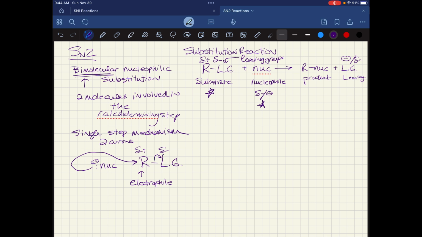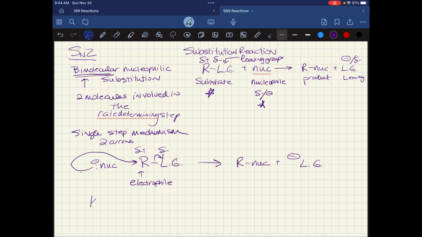And the leaving group is going to leave, and all of that is going to happen simultaneously. So we end up with the R-Nuc plus the LG. And in this case, it would be a negatively charged leaving group in most of these situations. So the nucleophile bonds to the electrophile and the leaving group leaves. All of that happens simultaneously, and that is the SN2 mechanism.